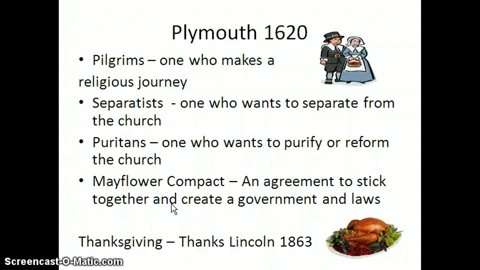With the help of the Indians, they were able to survive. Thanks to Abraham Lincoln in 1863, we celebrate this every year as a national holiday called Thanksgiving, where the Pilgrims and the Indians were able to sit down together and have a feast in honor of their survival.